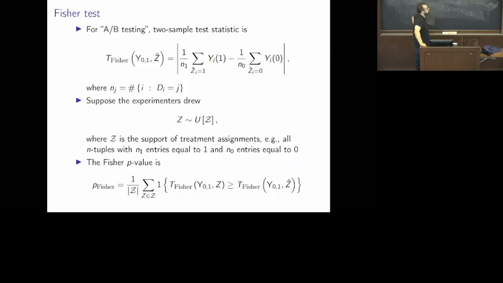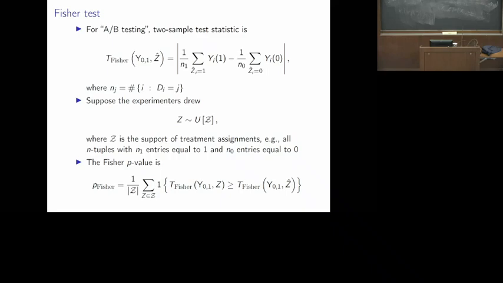If I'm doing A/B testing with a two-sample test statistic, what I observe is yi1 for the people randomly assigned treatment, and I take the sample average of those. The other people were assigned no treatment, I take the sample average of those, and I take the difference, and that's my test statistic. If I'm looking for any effect, not just a positive effect, I can take the absolute value.